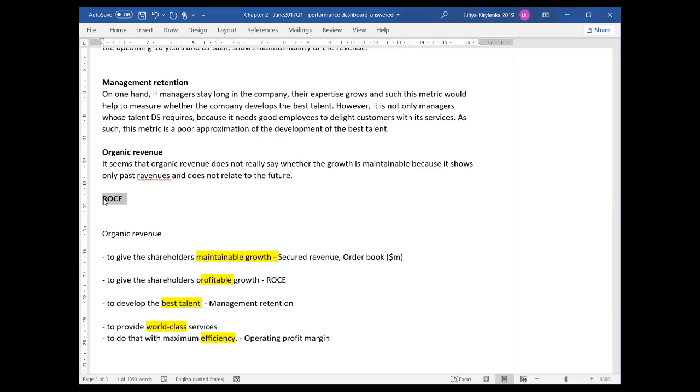Why? Because, well, let's say if we have a service company, then capital employed is not very big. Like, let's say we have an IT company. What do you have there? You have some laptops, you have some tables, and the value in this company is in people, in the processes, in the client database and reputation. So it's not measured by assets.